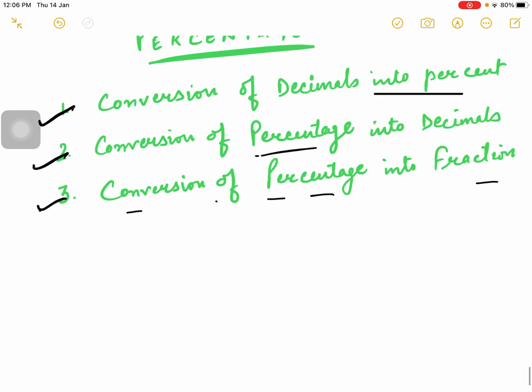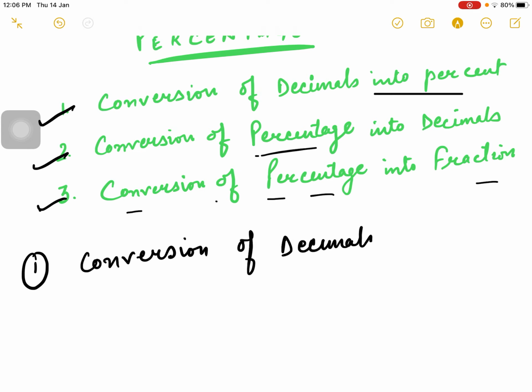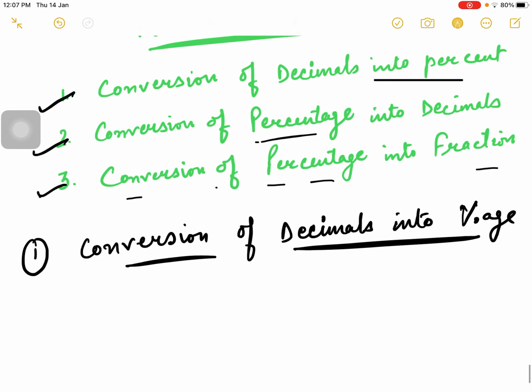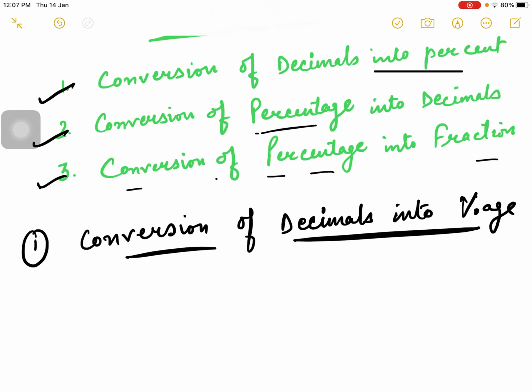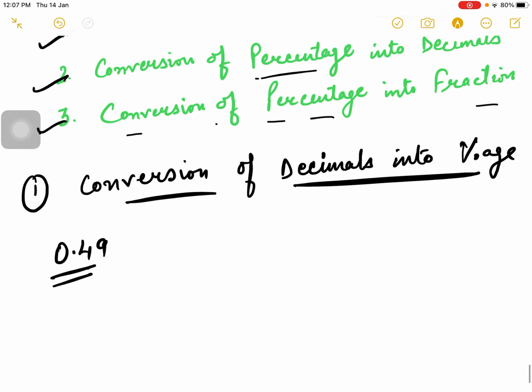Okay, so let's start. The first is conversion of decimals into percentage. The example for decimal is 0.49. We have to convert 0.49 into percentage.